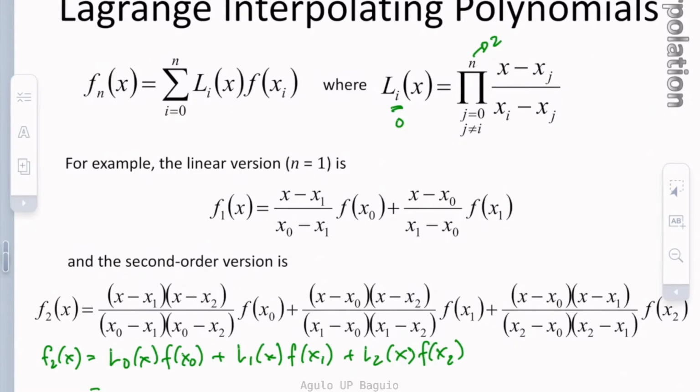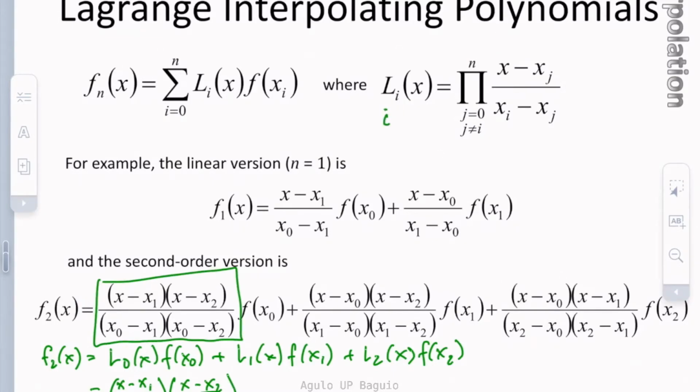So the first term is x minus x naught over x naught minus x naught, but this term is not allowed according to the rules, so we delete that. The next term is x minus x1 over x naught minus x1. Then we multiply that by x minus x2 over x naught minus x2, which is the term that you have here.